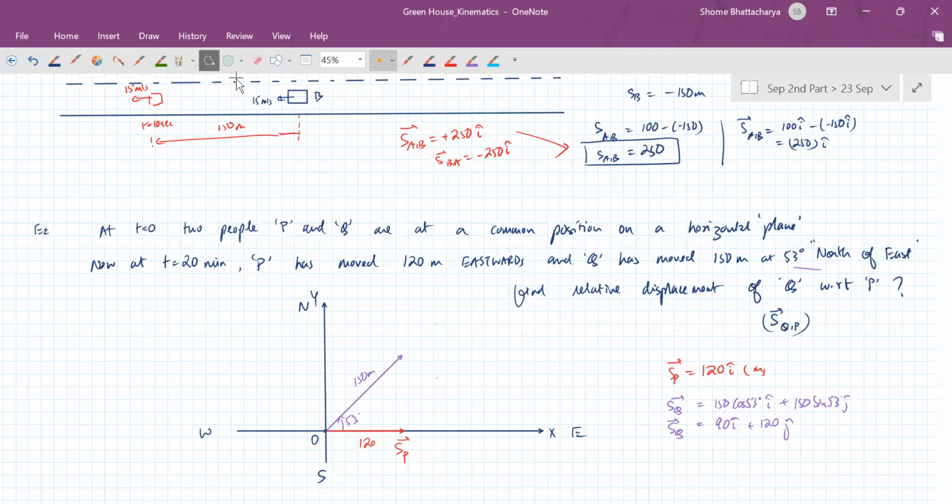So you will see that this vector is a little bit like this. So now the relative displacement of Q with respect to P will become like this. This is the vector.